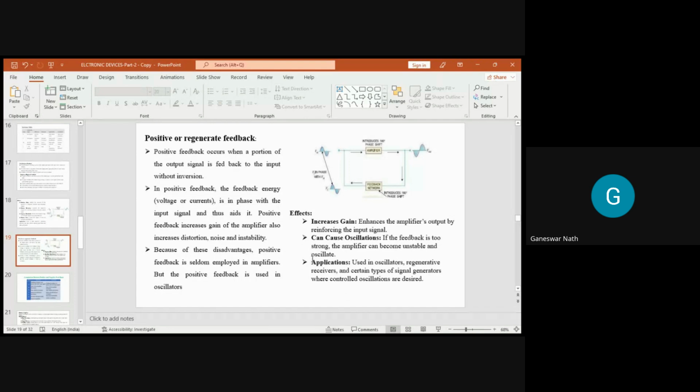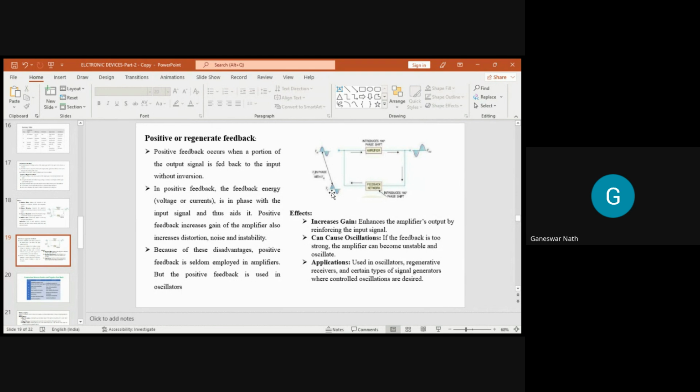So in positive feedback, the feedback energy, which may be current or voltage, is in phase with the input signal. Though we are getting the output 180 degrees out of phase, we can feed it directly to the input with the same phase as the input, like positive half cycle, negative half cycle.